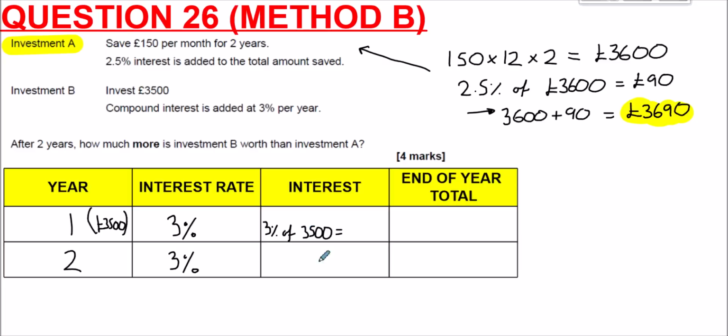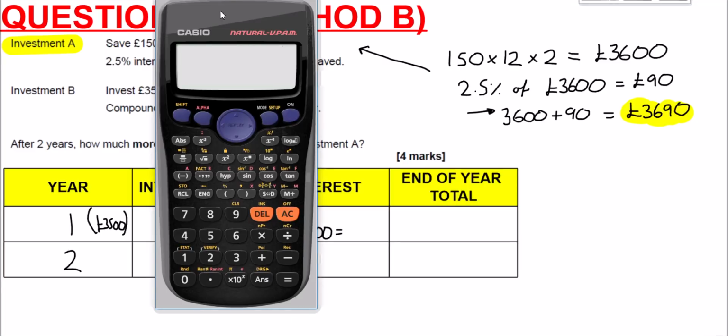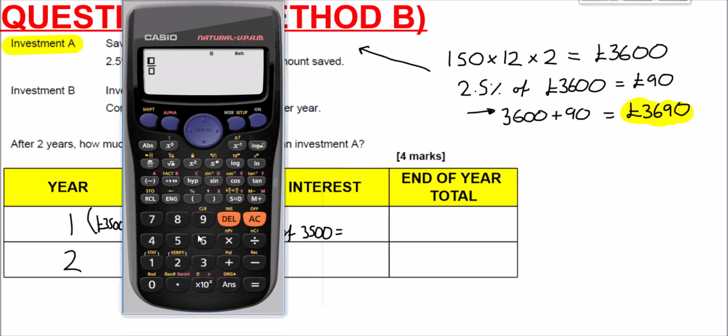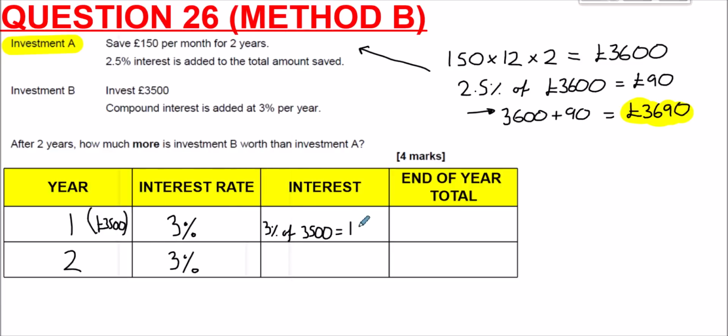3% of 3,500 we can work out by just doing that fraction of 100. 3% means 3 out of 100. That fraction of 3,500 comes to £105.